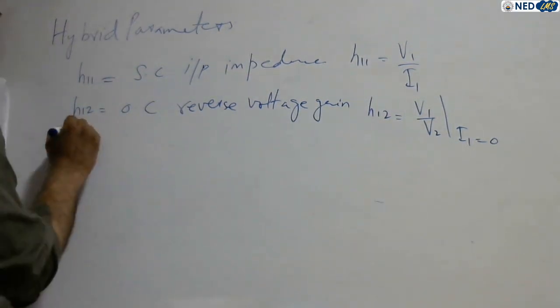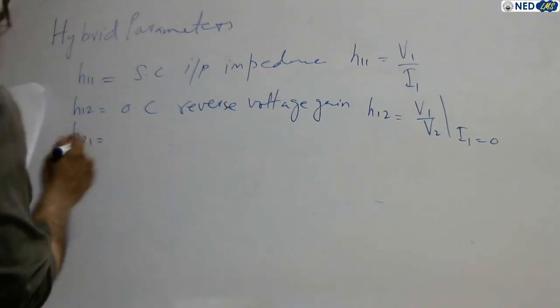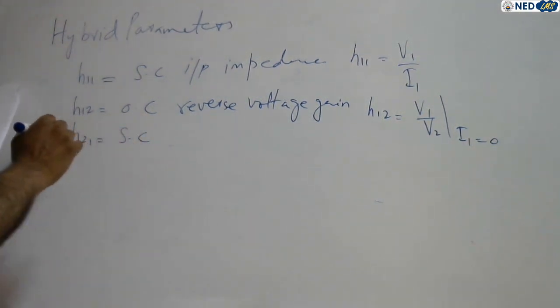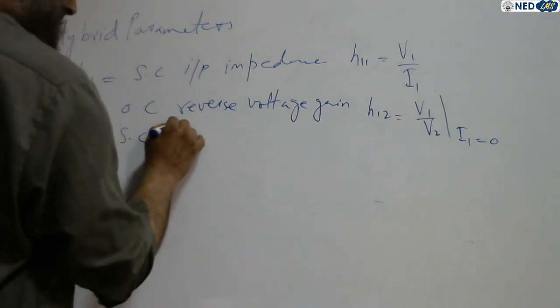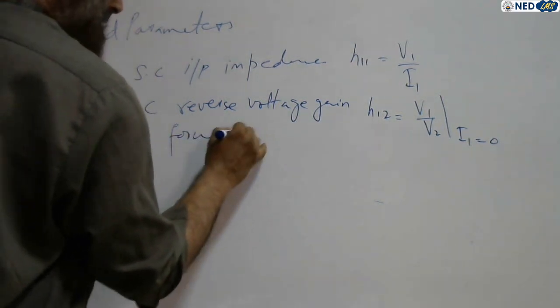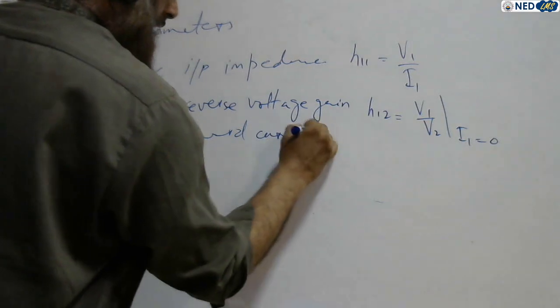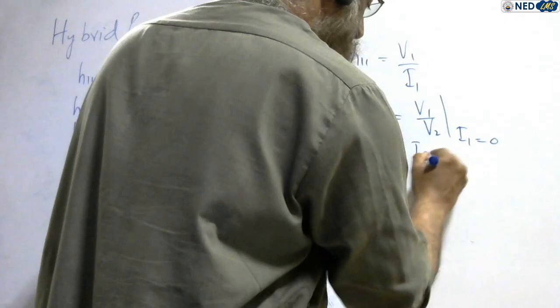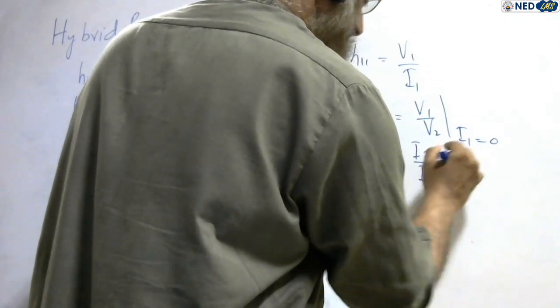So H21 is short circuit forward current gain. It was a ratio of two same quantities, that is I2 over I1.